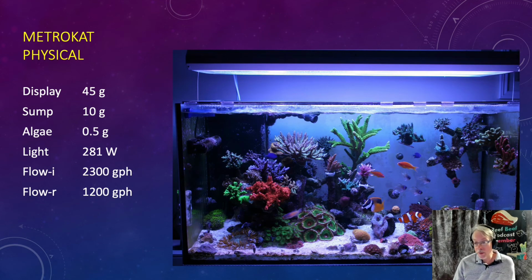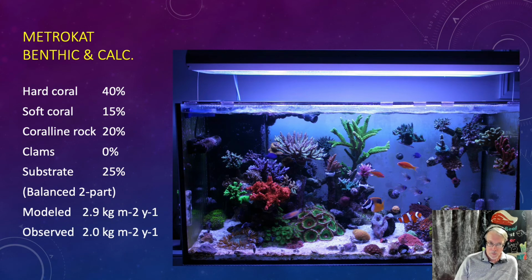This is MetroCat's aquarium back in the time machine in 2017 now. So her breakout is as follows. She had about 40% hard coral, 15% soft coral, some coralline rock, no clams.